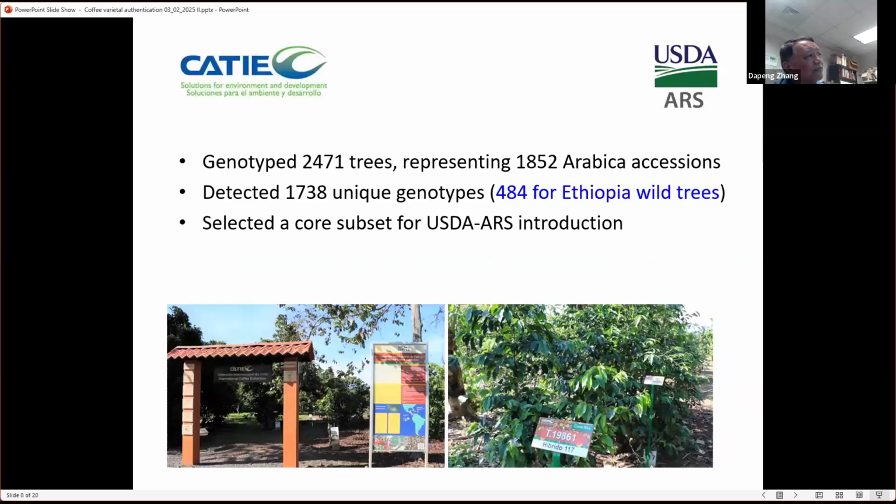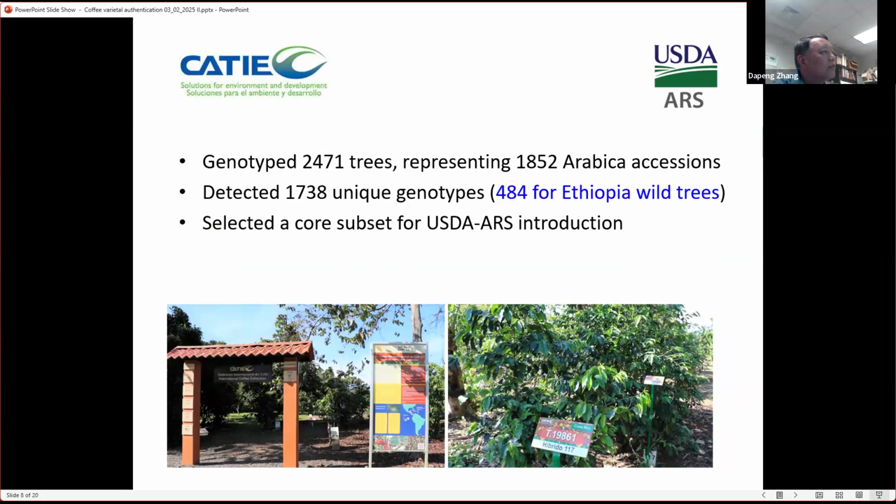So I will give a couple of case studies to show the effectiveness and the usefulness of this technology. So this is for the Cantier gene bank. We genotyped about 2,400 trees representing about 1,800 Arabica accessions, which by far is the largest Arabica collection in the world.